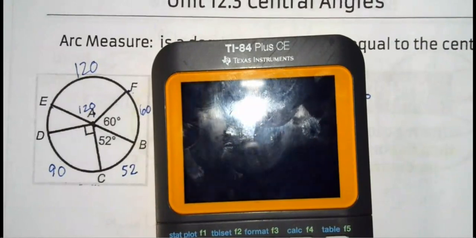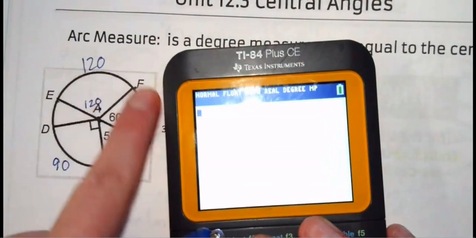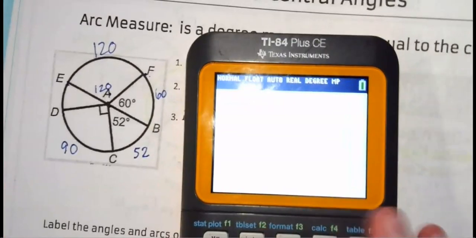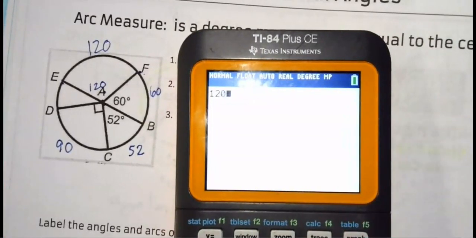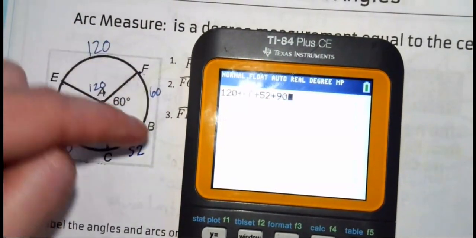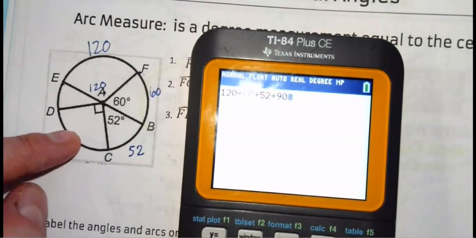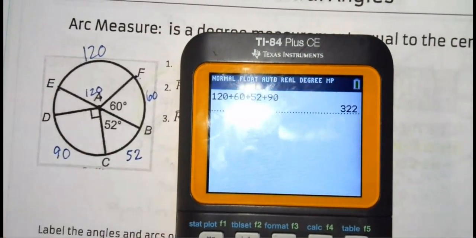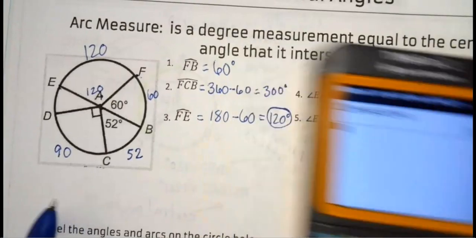So basically what you're going to have to do is add all of these arcs up and take them away from 360. So 120 plus 60 plus 52 plus 90. I added this one, this one, this one, and this one. And I need to take those away from 180, or not 180, from the entire circle, from 360.